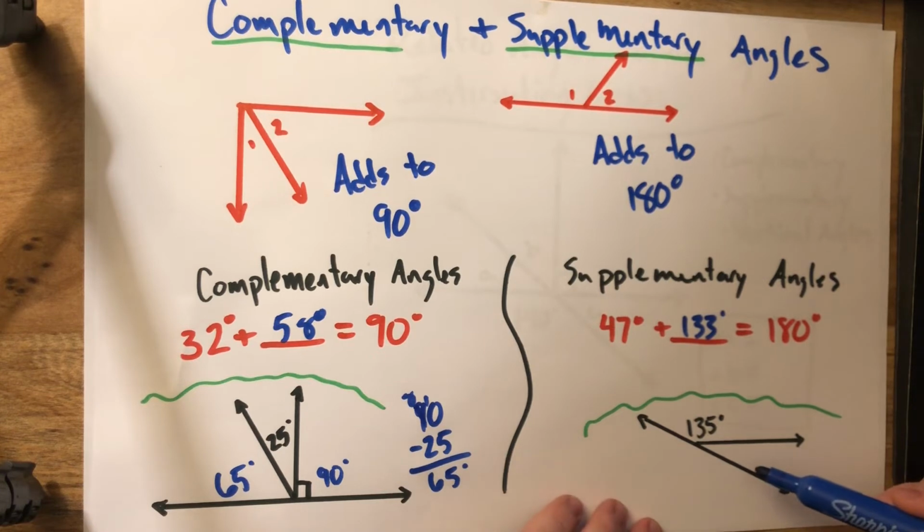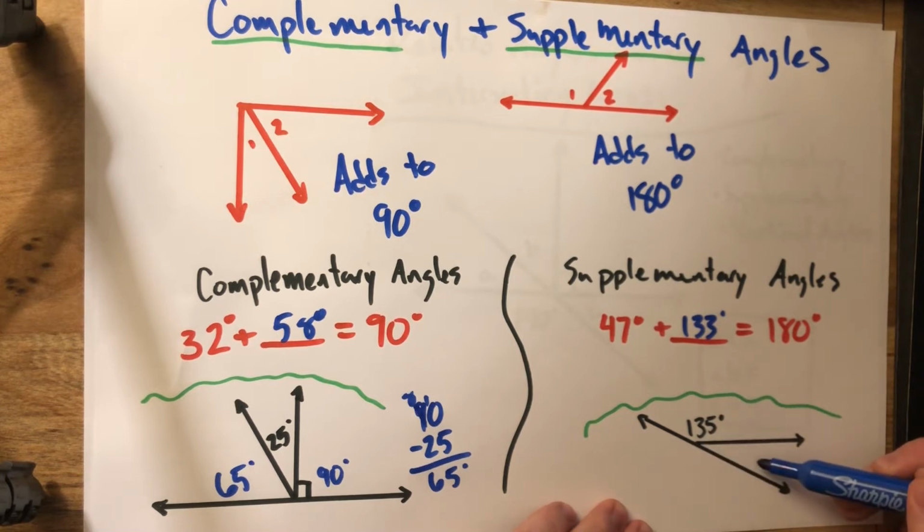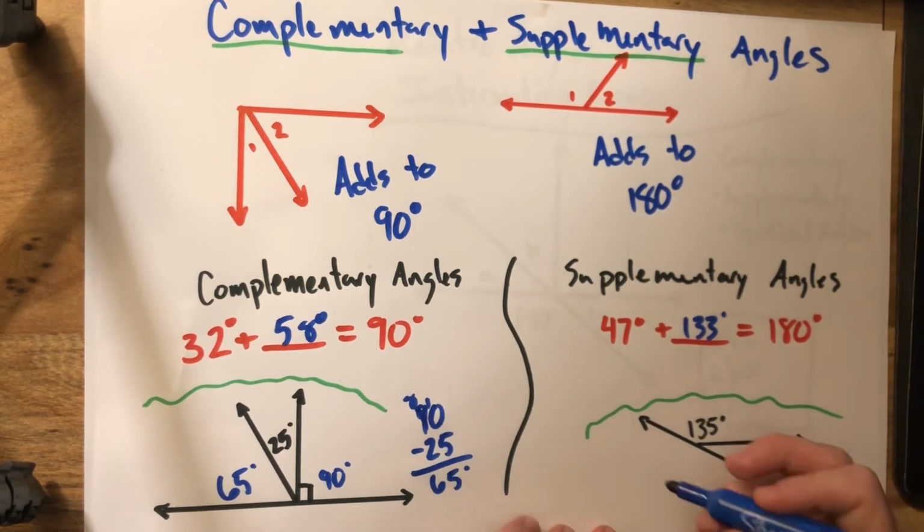To our graphic demonstration, if we know that the whole straight line adds up to be 180 degrees on either side, specifically on the top side here, we'll know that 135 plus our missing angle is 180 degrees. So if we put in here 45, 45 plus 135 would be 180.